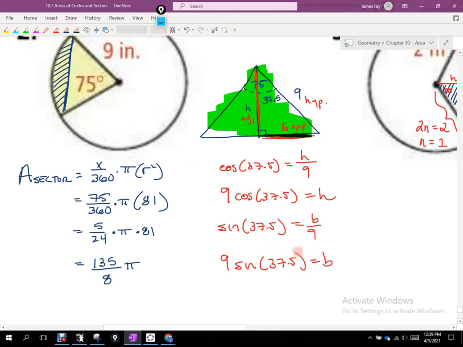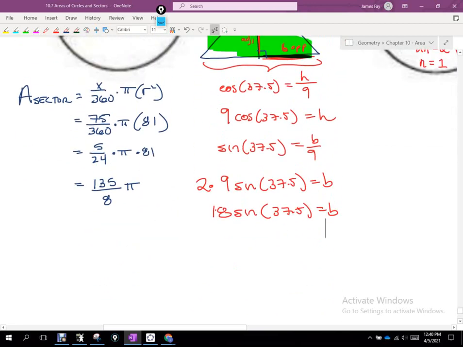Need to double it, right? So if I double this, that would make this entire thing B. So what's 2 times 9? So 18 sine 37.5 is the base of my triangle. So now, area is 1/2 BH. 1/2 B was the 18 sine of 37.5.